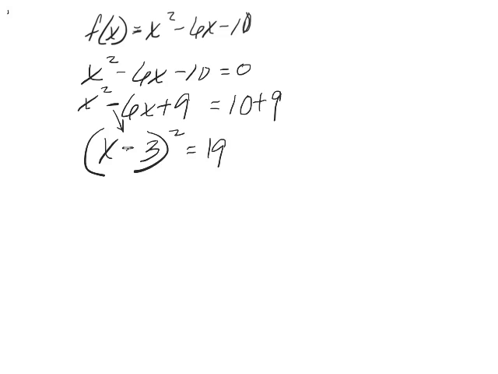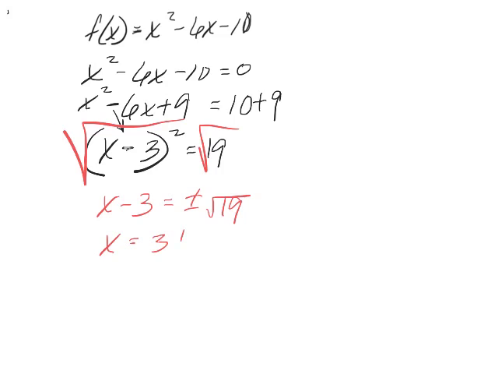I am going to take the square root of both sides, and I get x minus 3 equals plus or minus square root of 19. I'm going to add 3 to both sides. And so my x value is both 3 plus square root of 19 and 3 minus square root of 19.